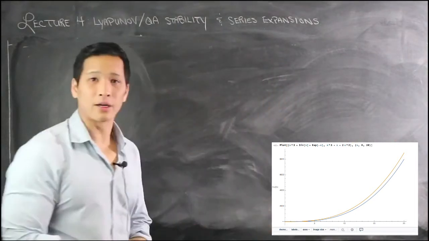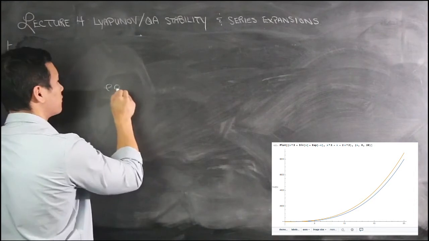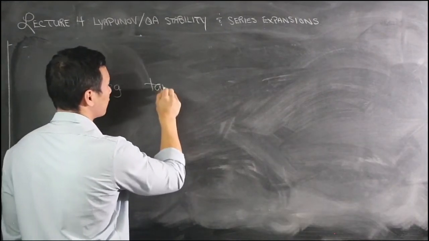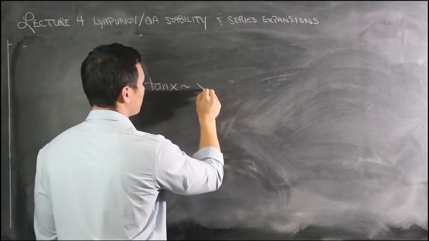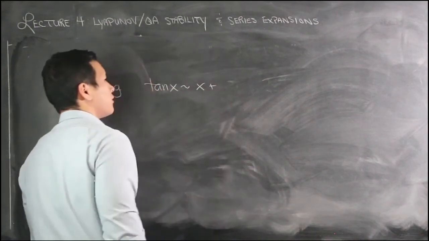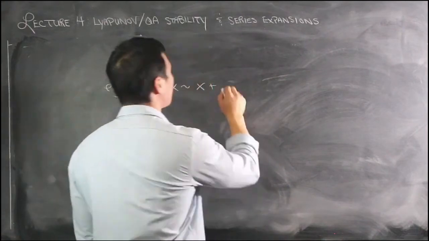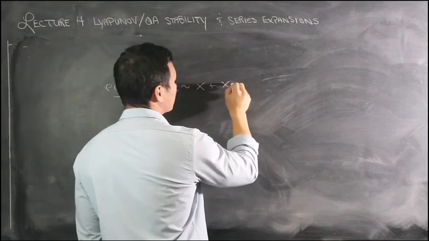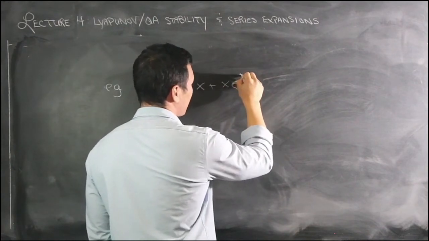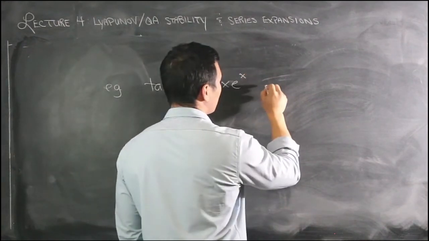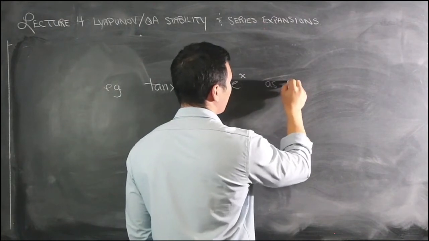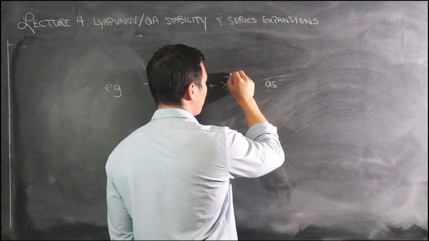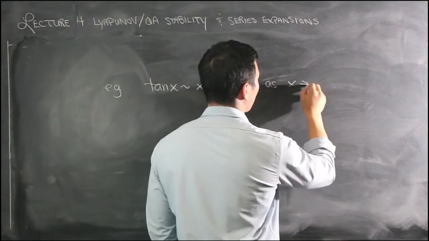Right? Let's look at another example. So for example, you might have tan x tilde x plus x squared e to the x as x tends to 0.